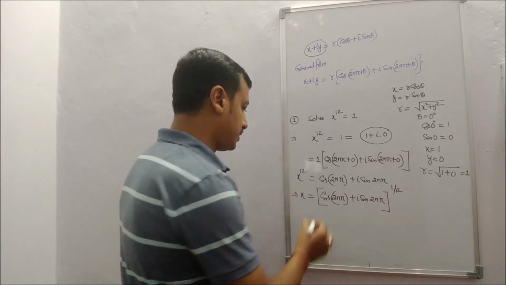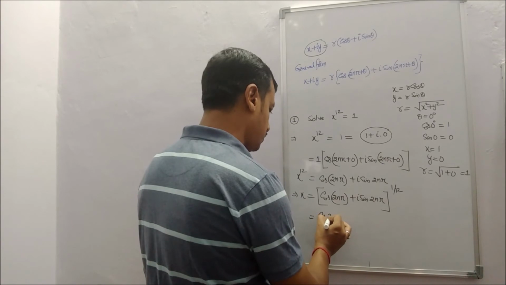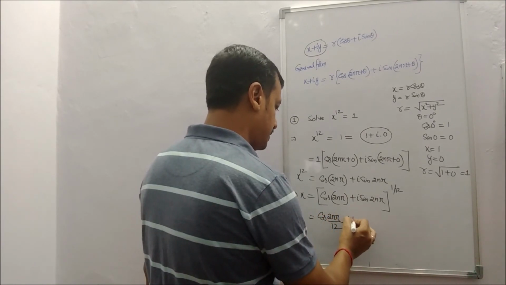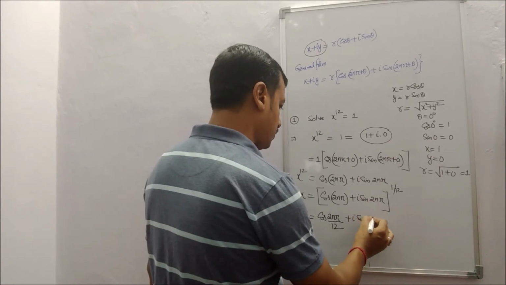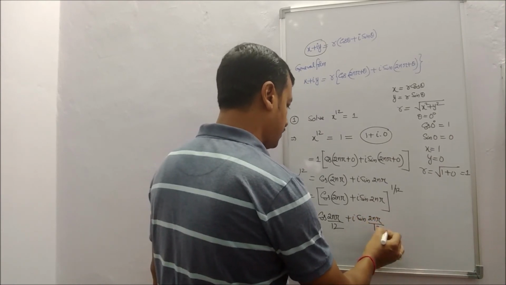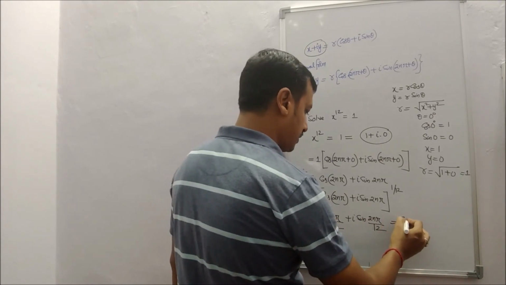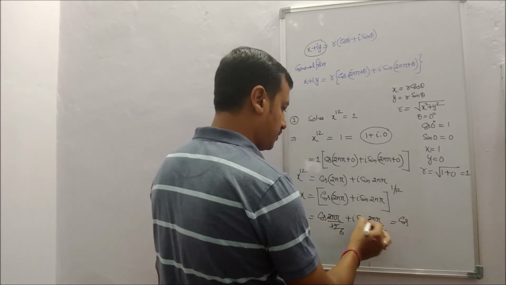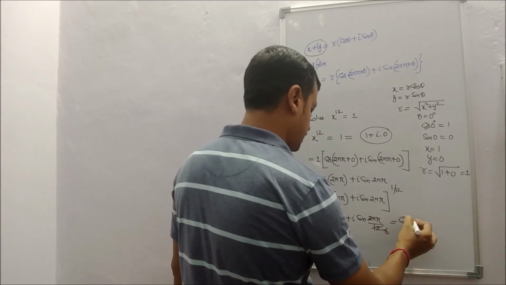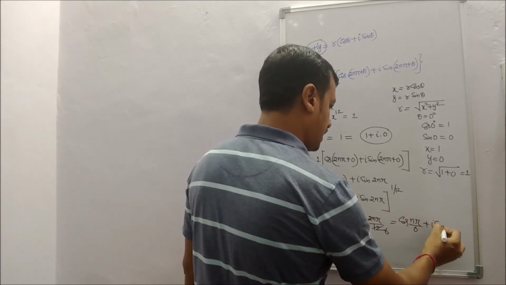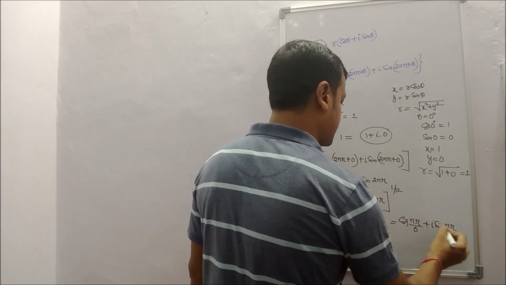So here it is cos 2n pi divided by 12 plus I sin 2n pi divided by 12. So solving it, 2 6s are 12, that is cos n pi by 6 plus I sin n pi by 6.